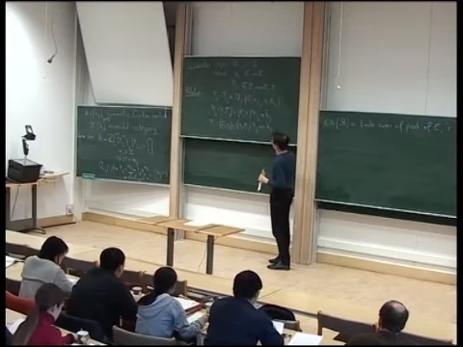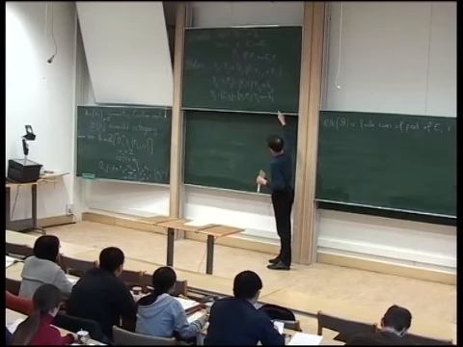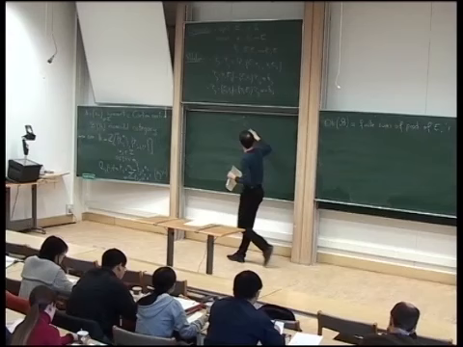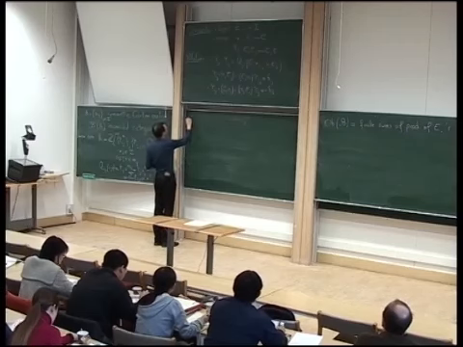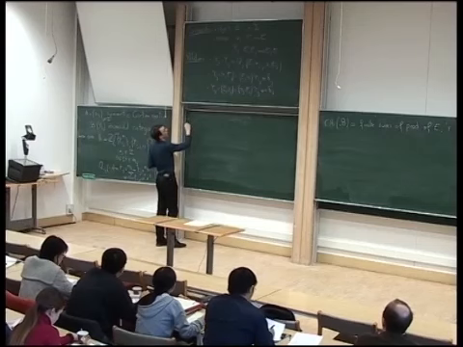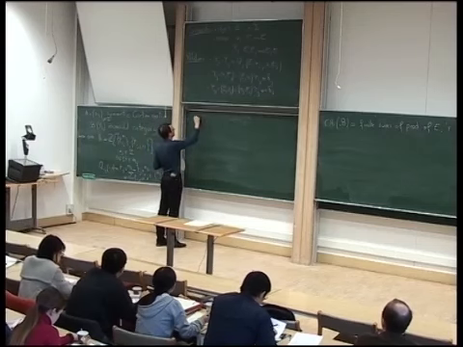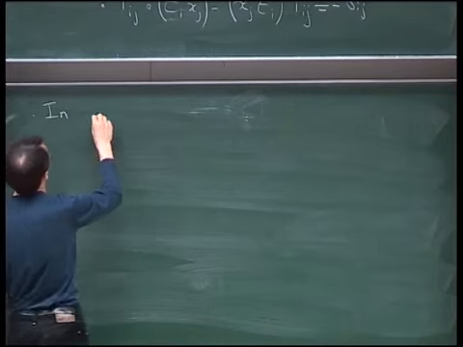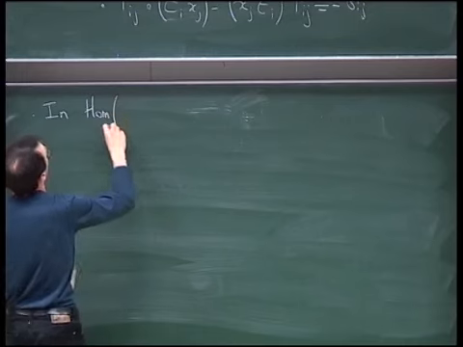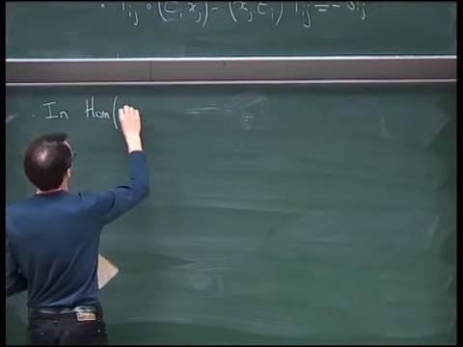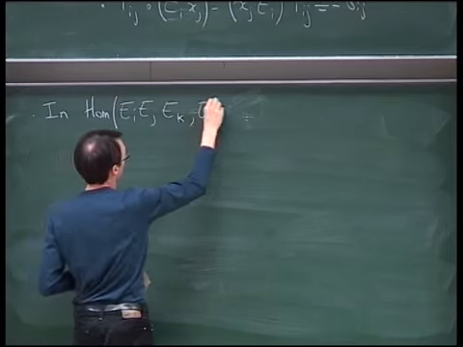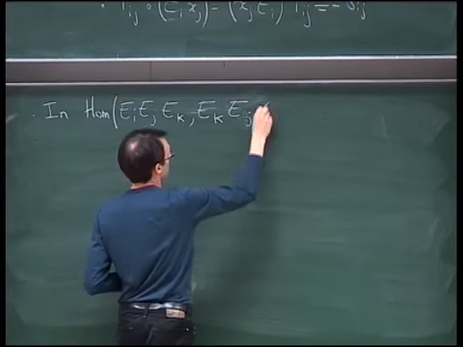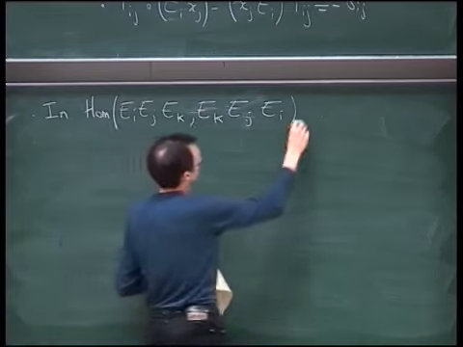And there is a final relation, which is a braid relation. I have to explain, it's going to take place in homomorphisms from e_i e_j e_k to e_k e_j e_i.